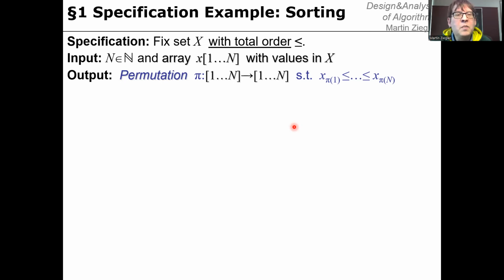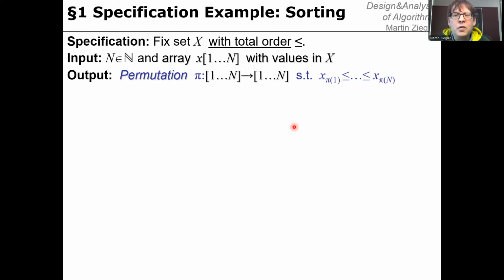Less or equal. Furthermore, we don't want the output to contain any new elements, obviously. A sorting algorithm which introduces new elements is not considered to solve the sorting problem, or an algorithm which drops some element from the input.